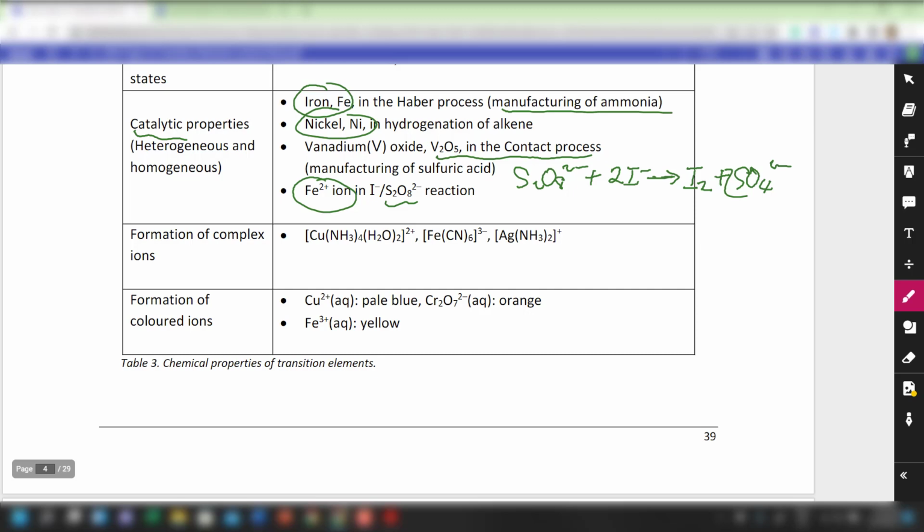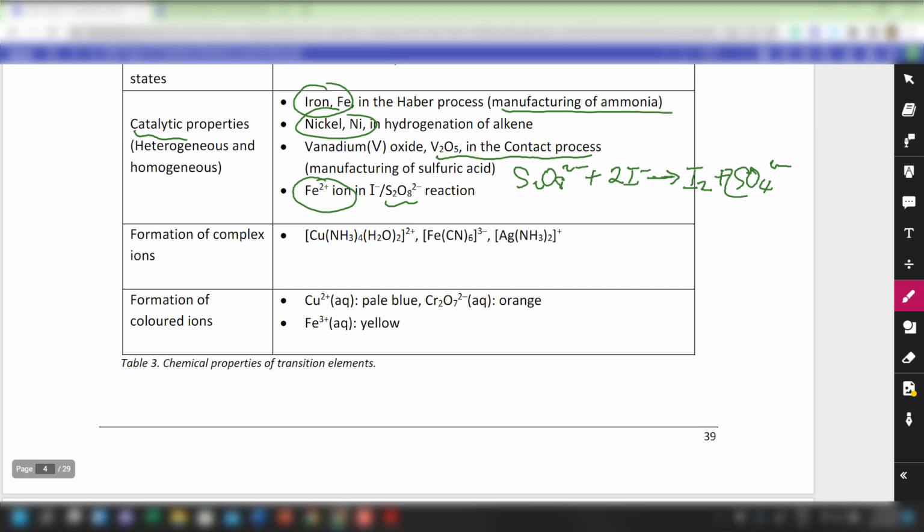For transition elements, many electron-rich species can act as ligands. Later on you'll learn them as ligands. Examples of ligands are ammonia, cyanide, water. Formation of complexes is quite a big thing for transition elements.